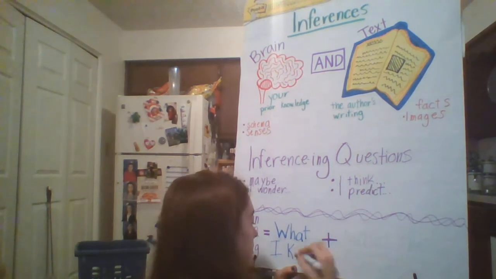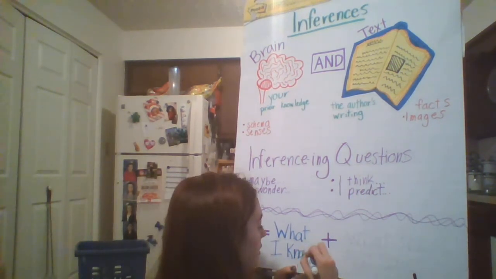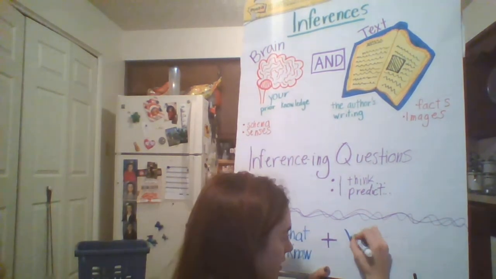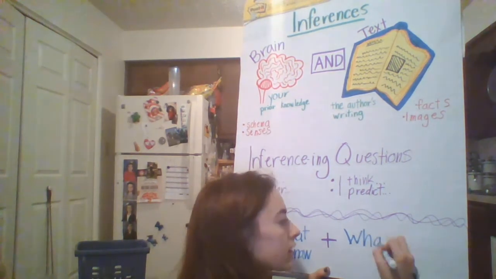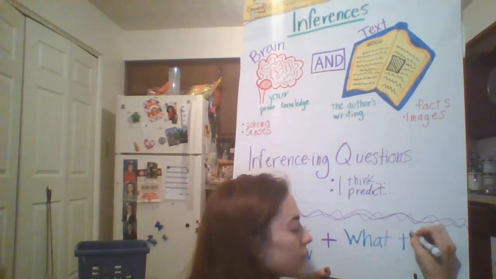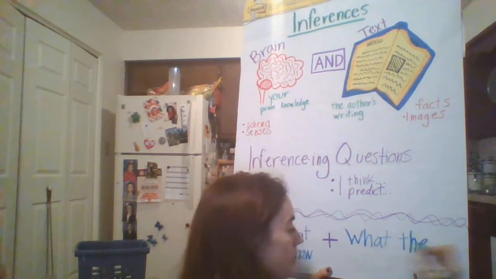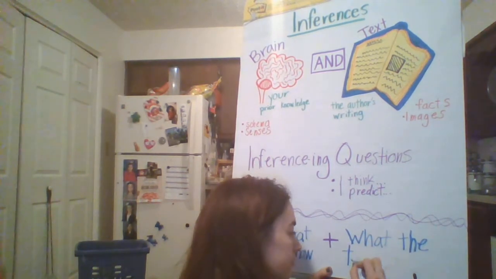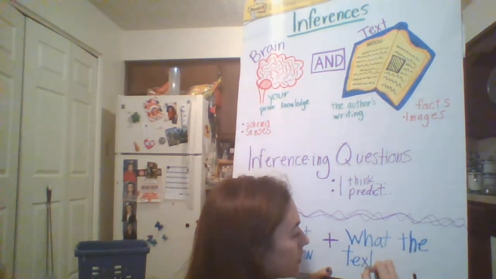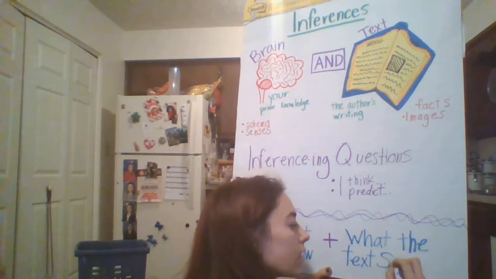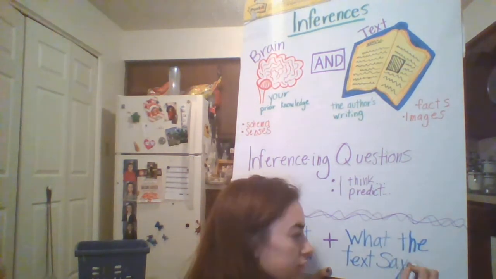Yeah, so I need what the text says. Perfect. All right. Then we are going to use this very often. It's going to go up right in the front of our classroom while we're going through this unit, so that way we can reference it whenever we need to make more inferences.